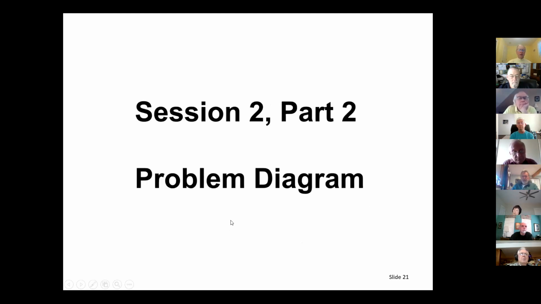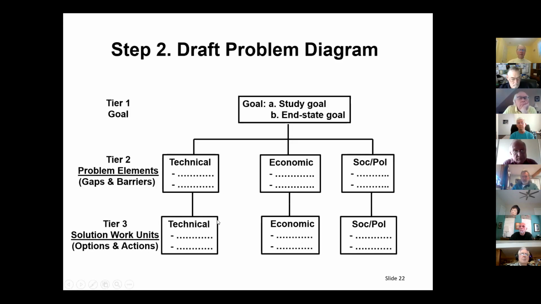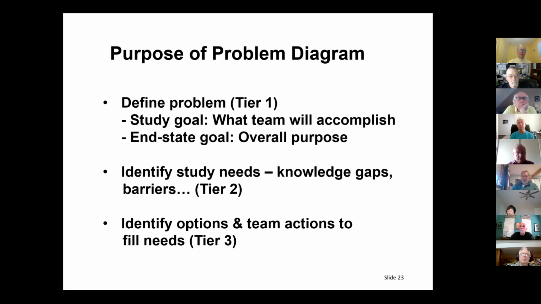So, okay, now we want to get right into this problem diagram that I mentioned. We went through this, we just went through this, and we mentioned, this is again kind of an overview, but the study goal is what the team will accomplish, the end states overall.